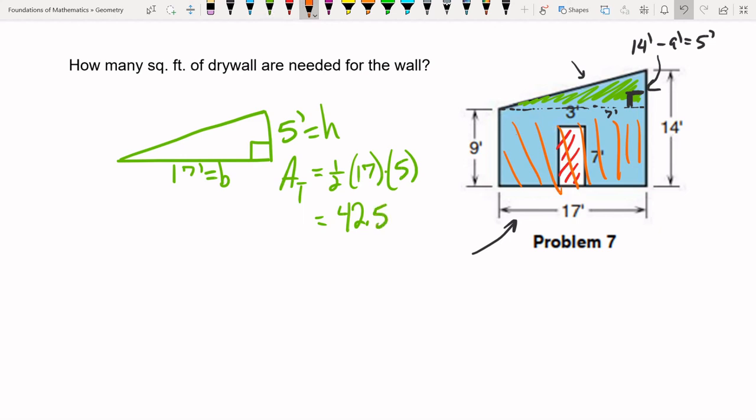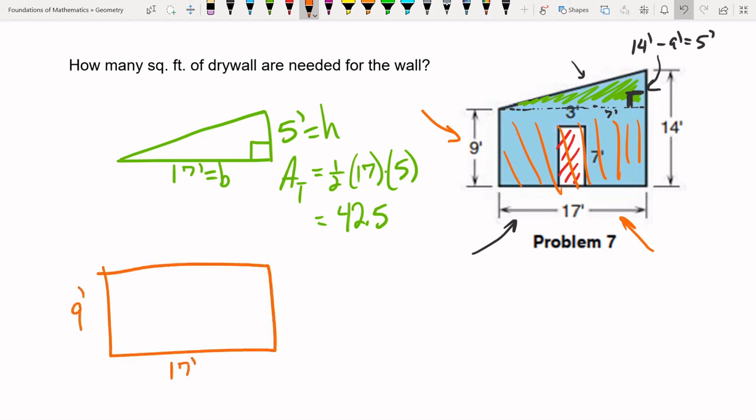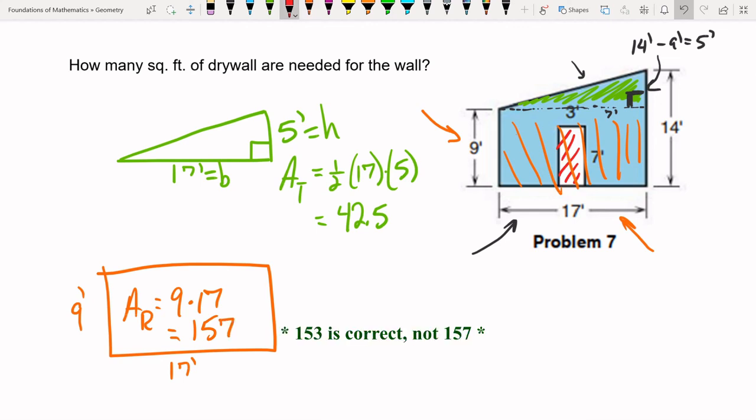Now we go to the orange. The orange is just a big rectangle with side length 9 and base 17. 9 feet, 17 feet. The area of this rectangle is just 9 times 17, base times height, right? 9 times 17 is 153. Now all we have left to do is subtract off the doorway.